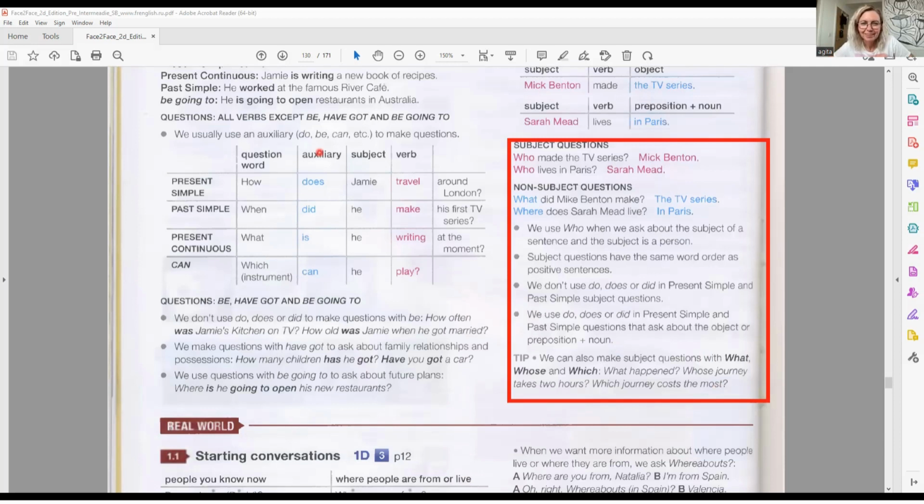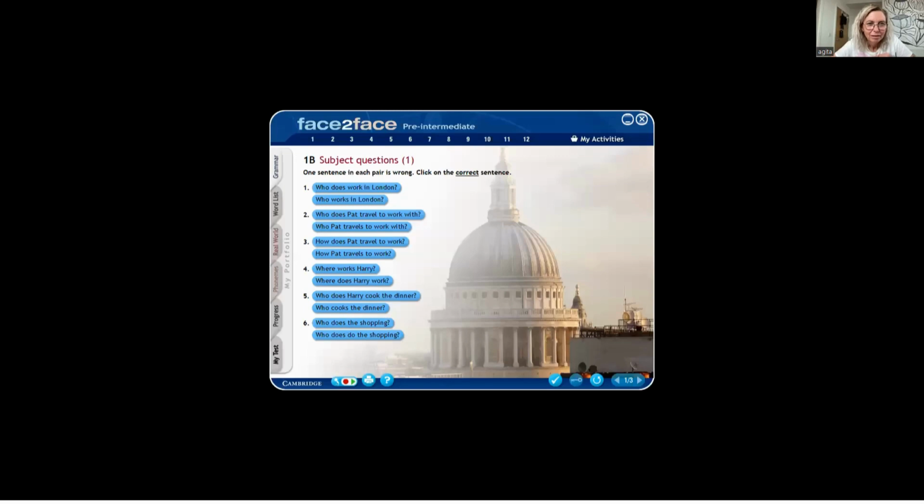I hope that helped to some extent to help you understand how to make these subject questions. But I cannot finish without giving you a little bit of a challenge. I have to challenge you. So here we go. I'm going to give you control of the screen.